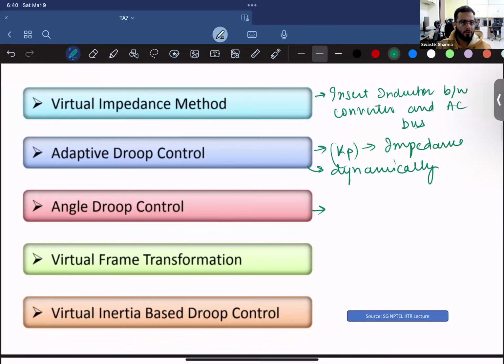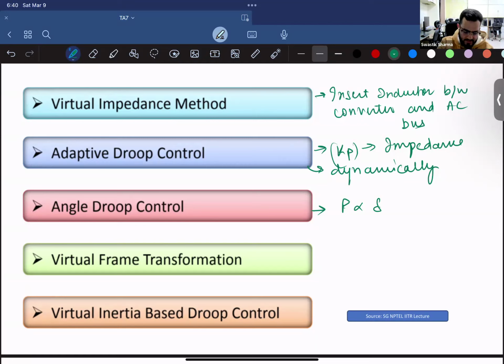Third is the angle control method. If you remember, I told you power is dependent on your phase angle difference, right? We equate delta by delta t to the angular frequency of the synchronous generator, so let P be dependent upon frequency as well.